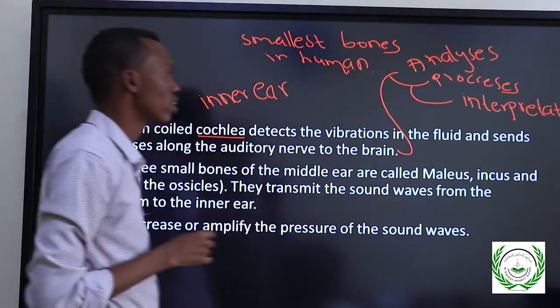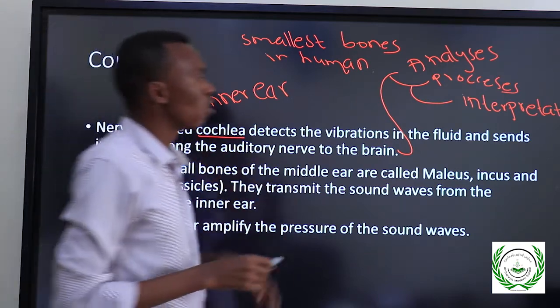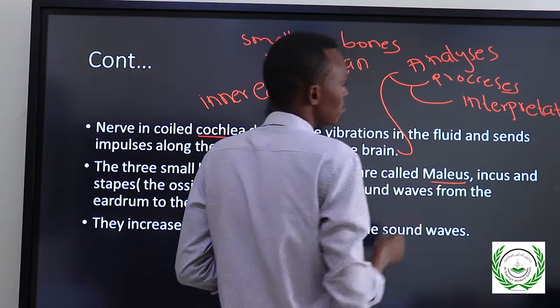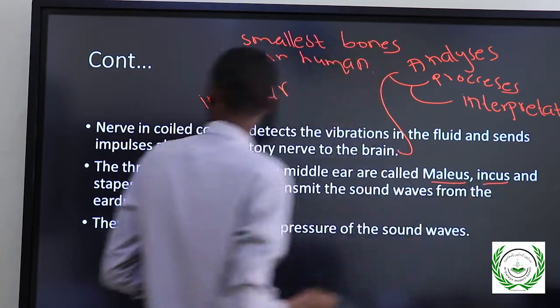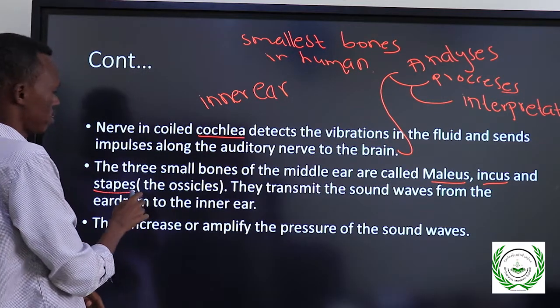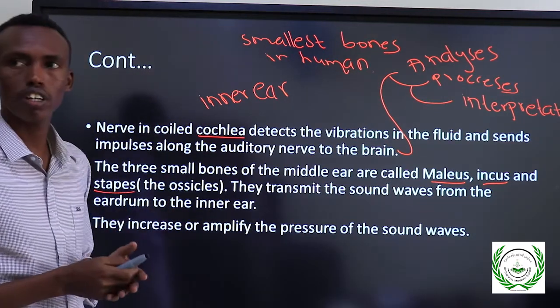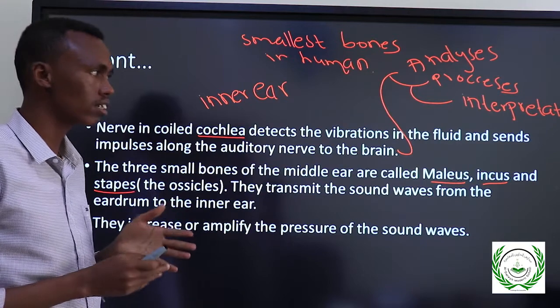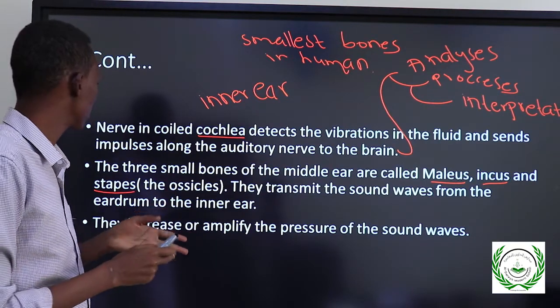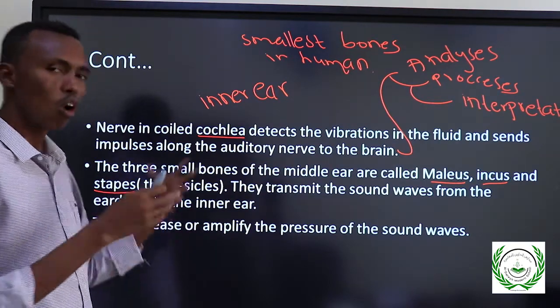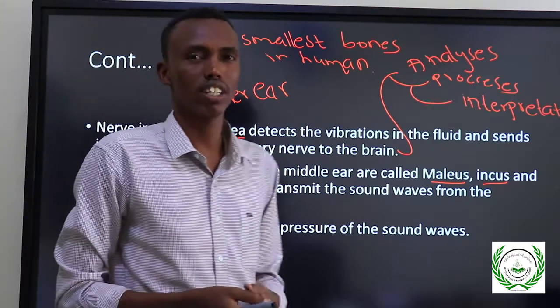They are called malleus, incus, and stapes. They have these three funny names, but commonly they are called ossicles.